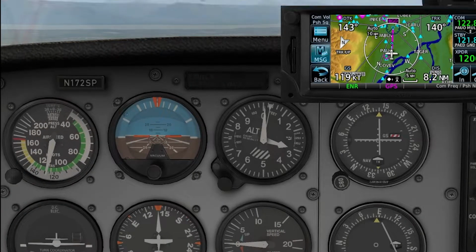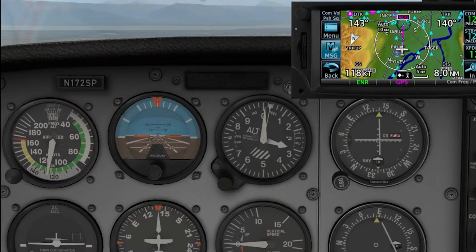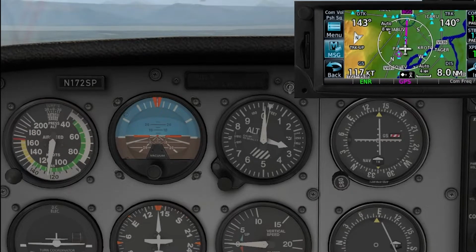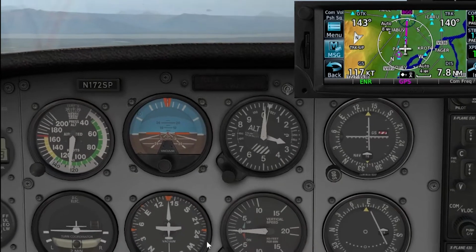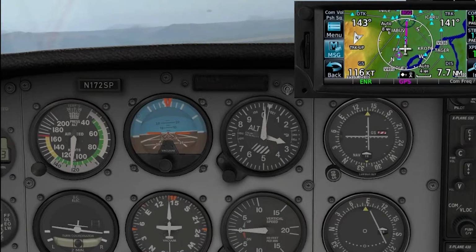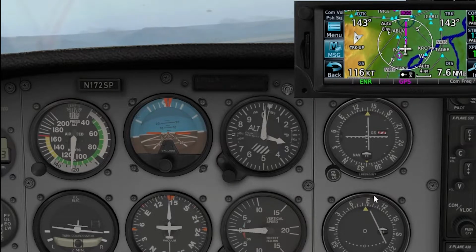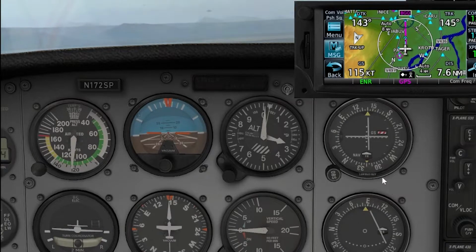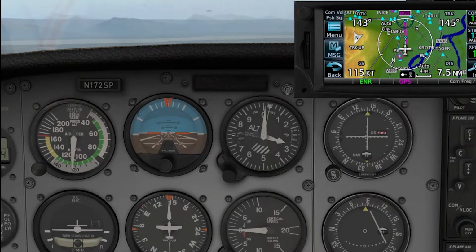All right, with that said, let's go ahead now and do some examples. So let's just say ATC says hold over the Big Lake VOR on the 180 radial, right? 180 radial, standard terms.